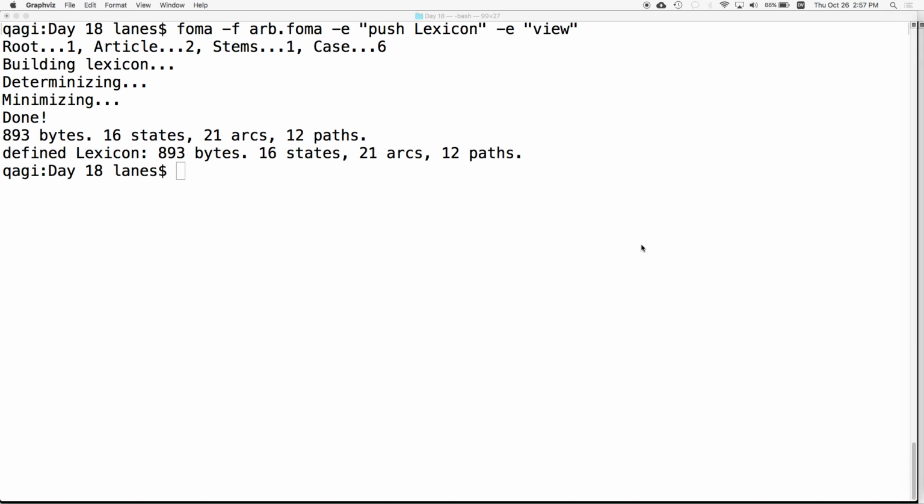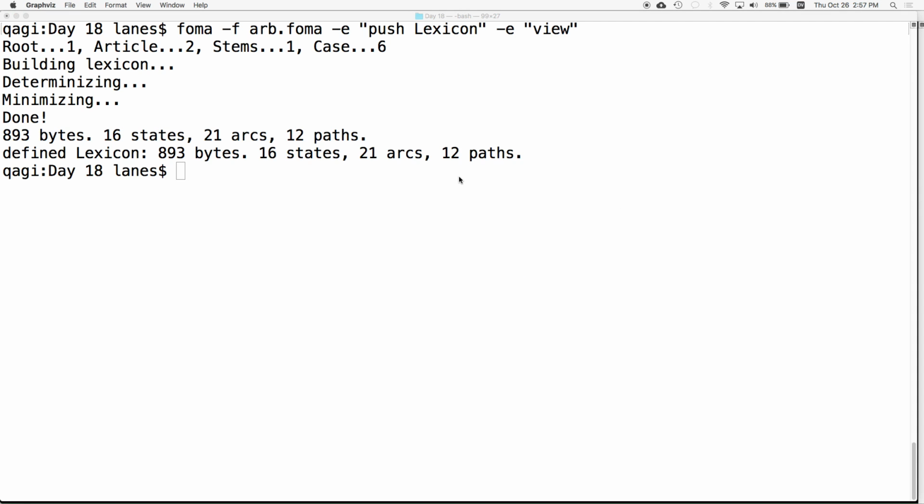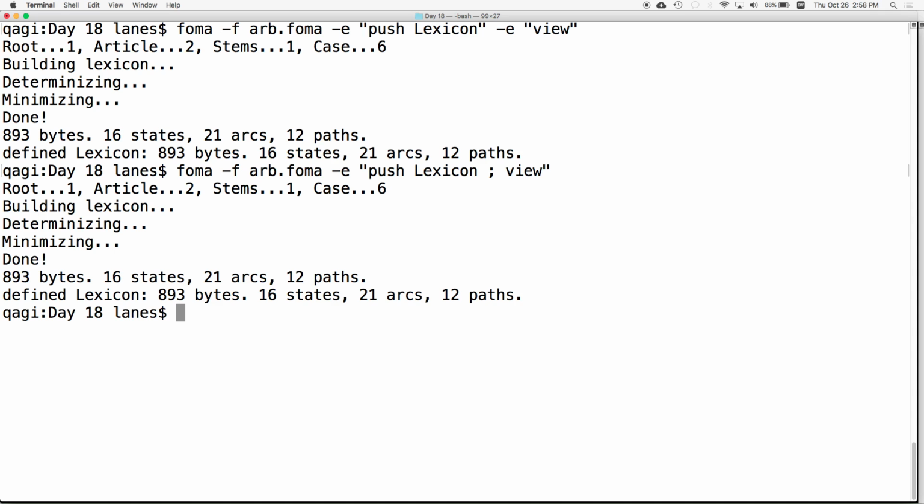Did it work? Can't tell. That's how you would put multiple commands in. It appears not to have worked though.